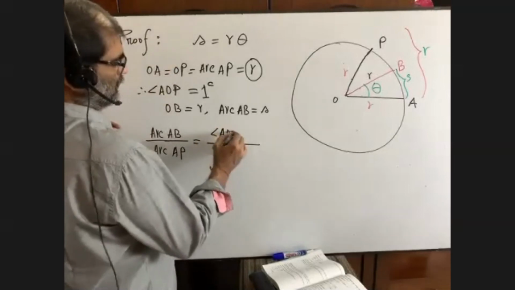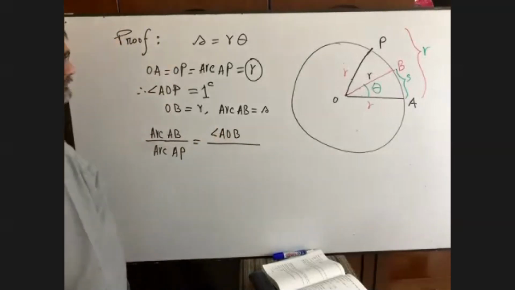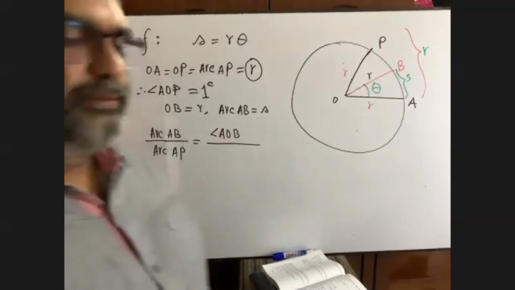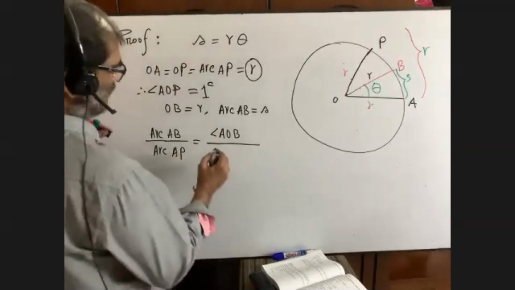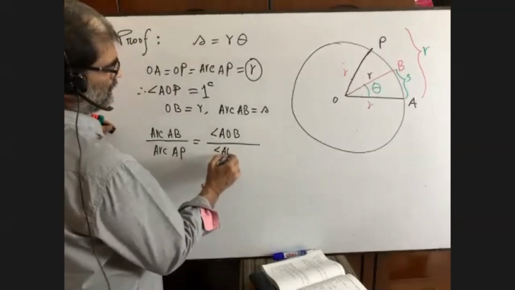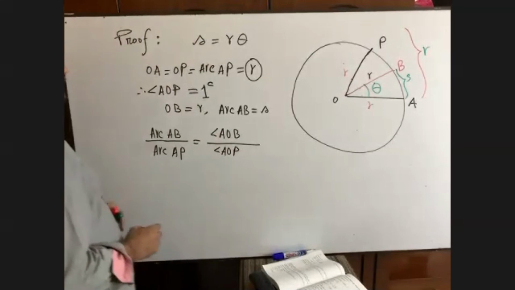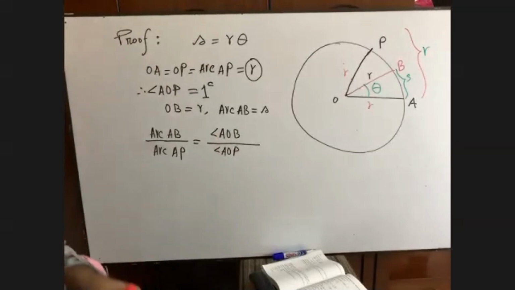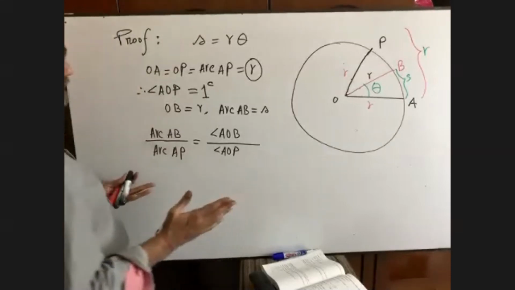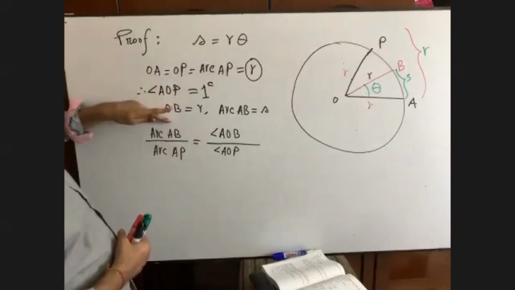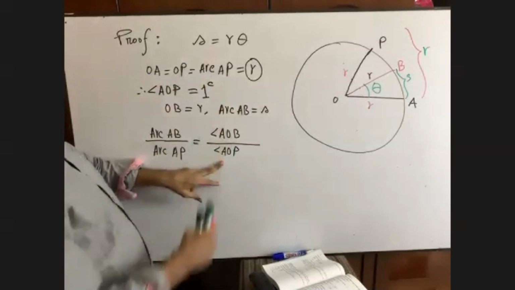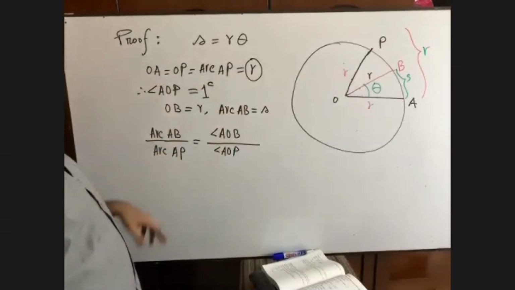Angle AOB. And what is the angle made by the arc AP at the center? Angle AOP. Are you getting me? Yes, sir. Angle AOB has been made by AB. Angle AOP has been made by AP, right?